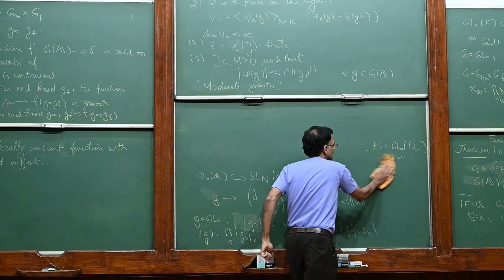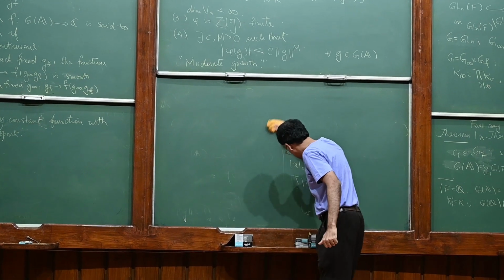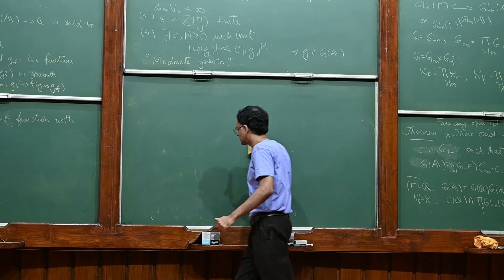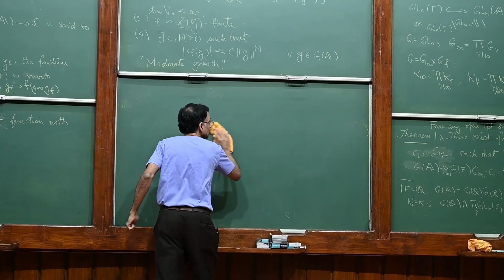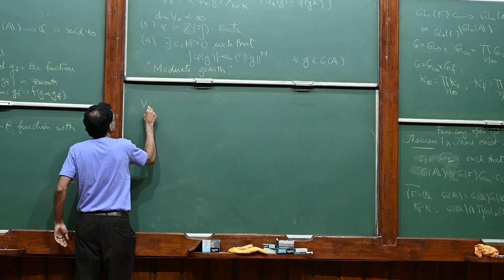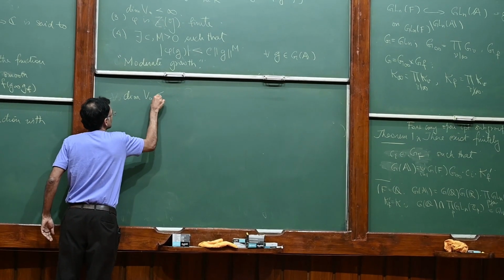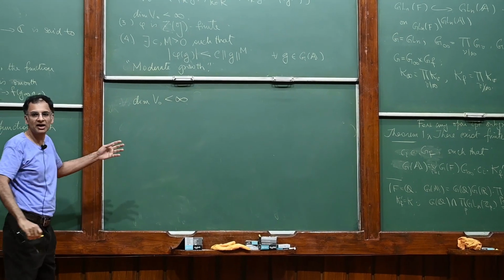Okay, so now V naught is finite dimensional, and there are going to be certain representations that occur. We know the dimension of V0 is finite, right? So it must break up.